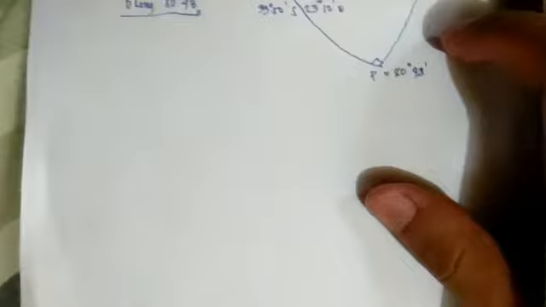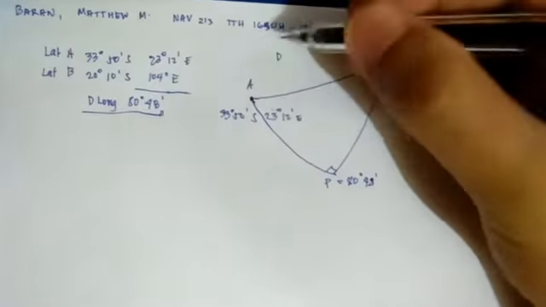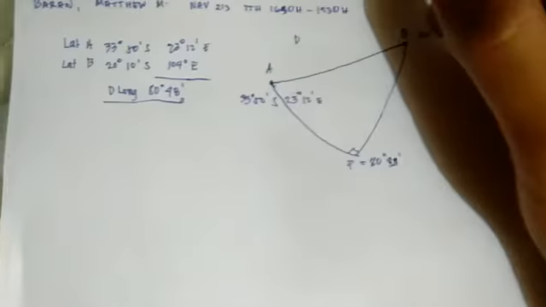So after we get our D-long, we need to find the distance from latitude A to latitude B. To find the distance, we need to use the cosine law.